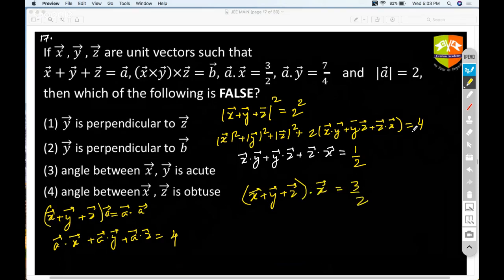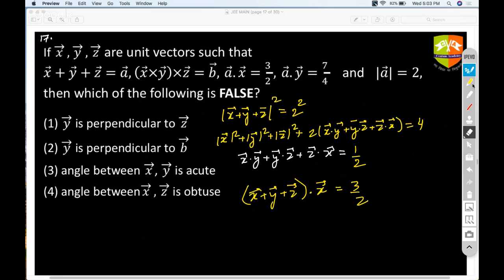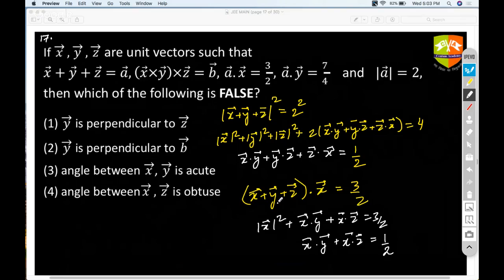So this is not helping us out in any way, so I am going to just erase this off. So this gives you x dot x, which is mod of x square, plus x dot y plus x dot z is equal to 3 by 2. That means x dot y plus x dot z is going to be 3 by 2 minus 1, which is going to be half. So these two expressions I know, which clearly implies y dot z is going to be 0.